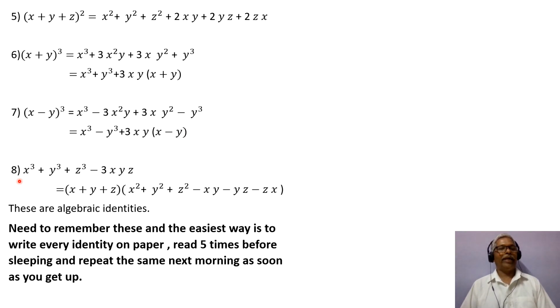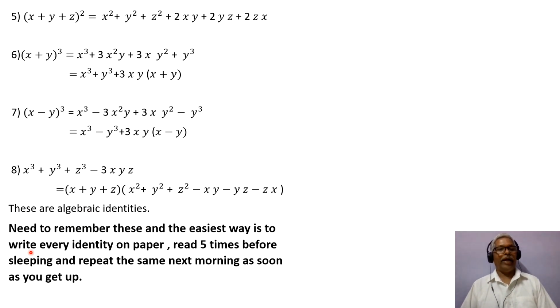And eighth one, x cube plus y cube plus z cube minus 3xyz equals (x plus y plus z) into (x square plus y square plus z square minus xy minus yz minus zx). So these are the algebraic identities.